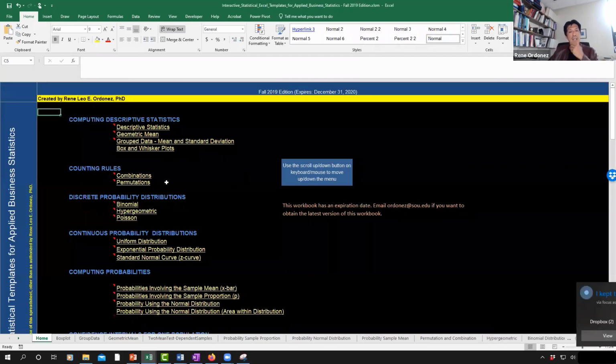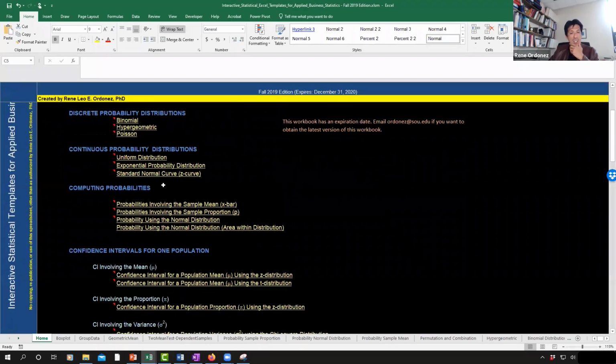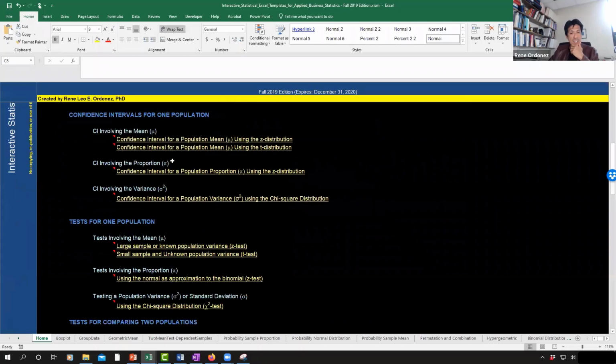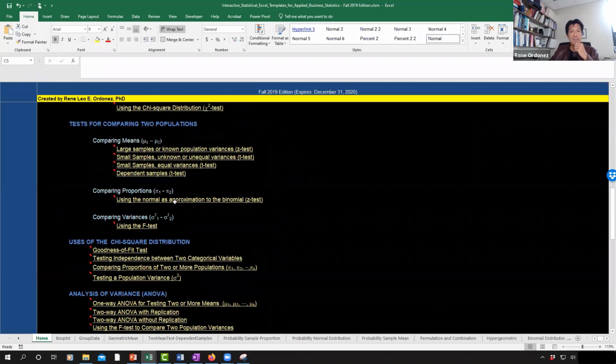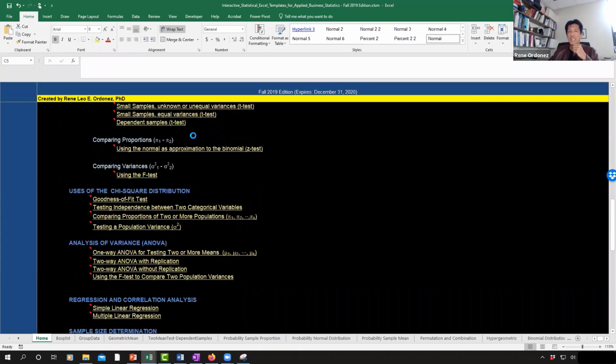All right, so the chi-square applications can be found before the ANOVA. Okay, so here you go. We will be using the goodness of fit test.